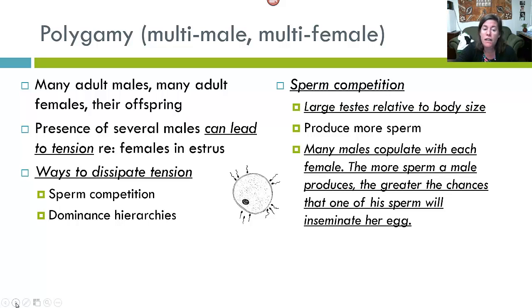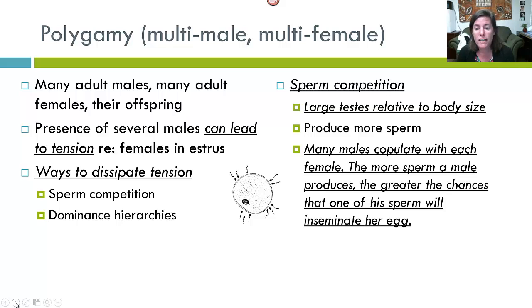The presence of several adult males often leads to tension, especially in regards to females in estrus. There are two main ways that polygamous primates generally dissipate or relieve tension. The first is sperm competition, and the second is dominance hierarchies. Sperm competition. Species in which multi-male, multi-female groups exhibit enlarged male testes relative to body size generally engage in sperm competition.